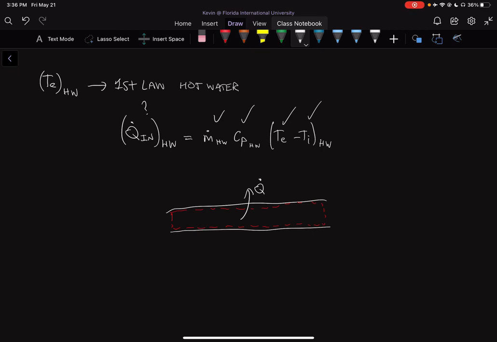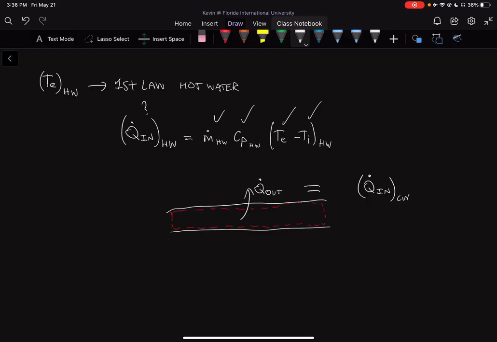And we also know that this Q dot out is equal to the Q dot in for the cold water. If the cold water is taking in heat from the hot water, then we can say that Q dot out is equal to the Q dot in of the cold water.